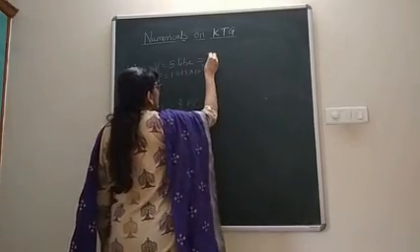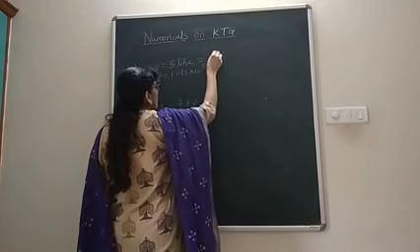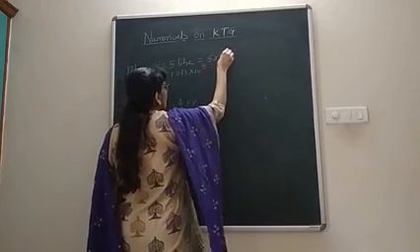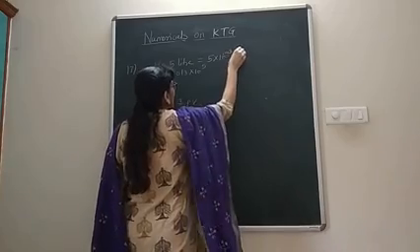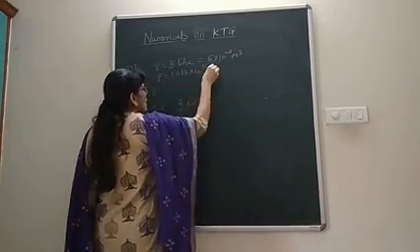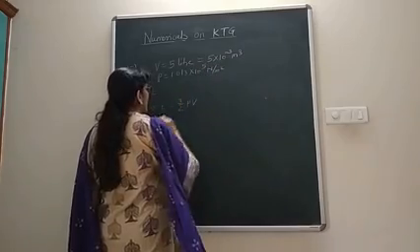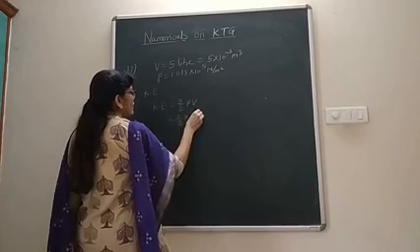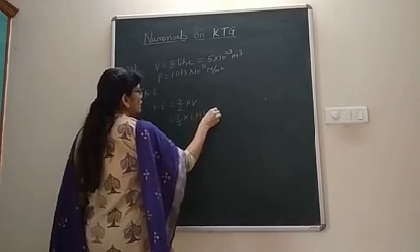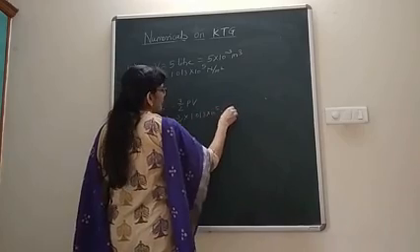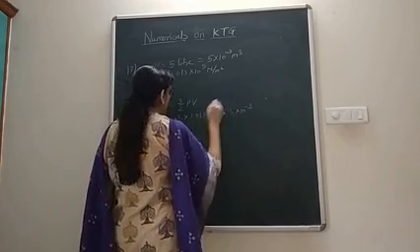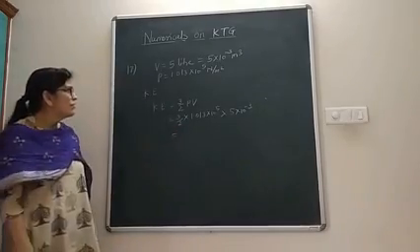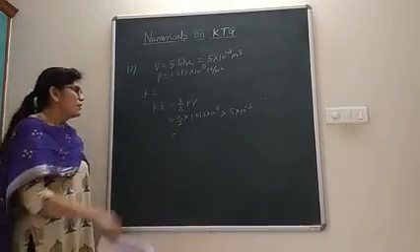Just convert the volume into meter cube: 5 into 10 raised to minus 3 meter cube. And pressure is given in Newton per meter square. So just substitute the values: P is 1.013 into 10 raised to 5 and V is 5 into 10 raised to minus 3. Do this calculation, you will get your answer.